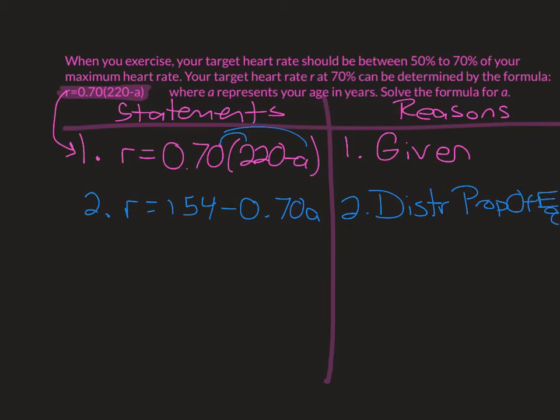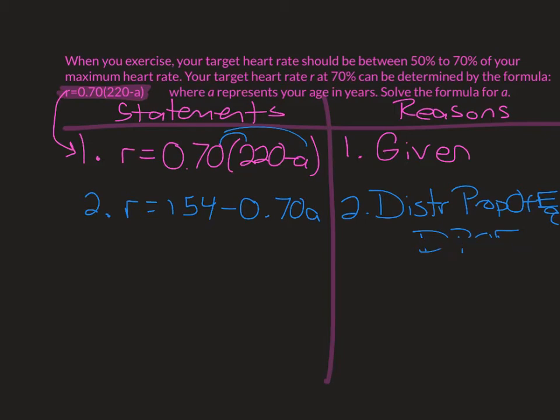You don't want to abbreviate like D, that's not enough. You don't want to abbreviate DPOE, that's not enough information. So make sure you're not doing that much abbreviating. But distr is going to be distributive, prop is going to be property, and EQ is going to be equality.